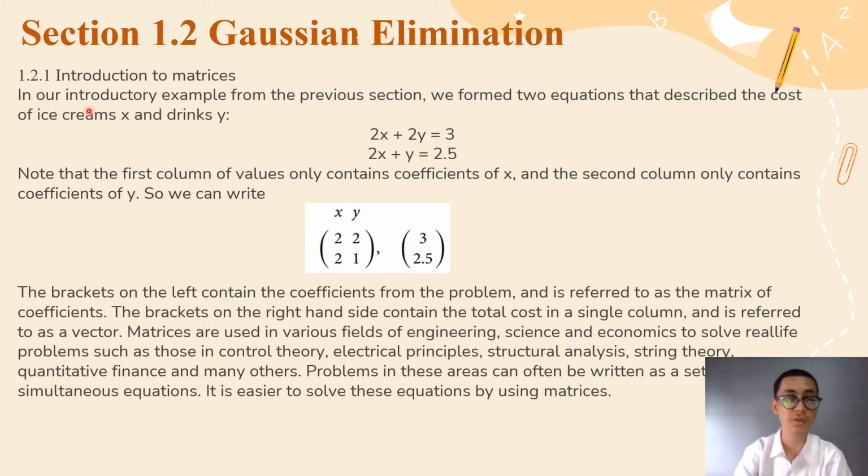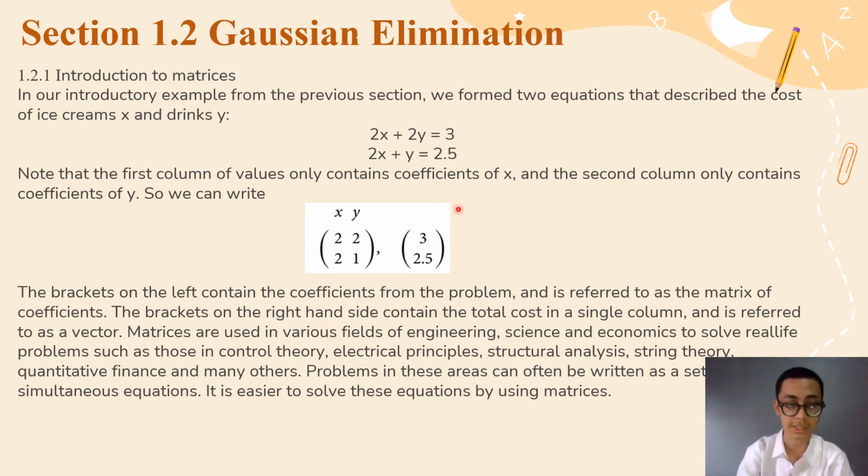1.2.1 Introduction to Matrices. In our introductory example from the previous section, we formed two equations that describe the cost of ice cream x and drinks y. In this equation, note the first column only contains coefficients of x, and the second column only contains coefficients of y.